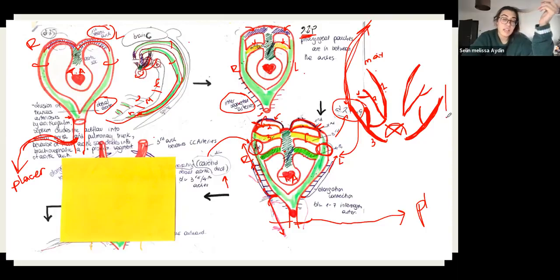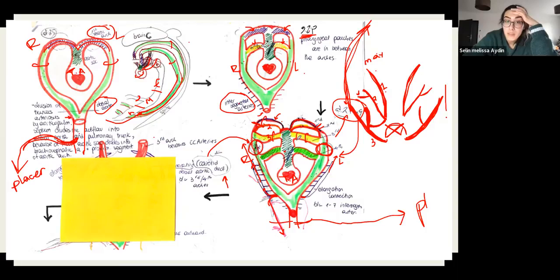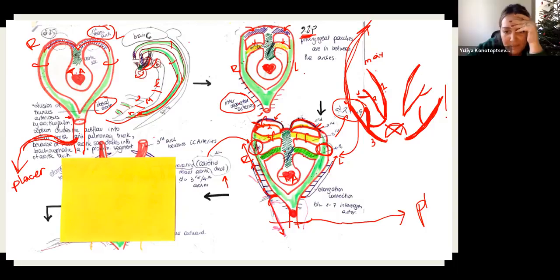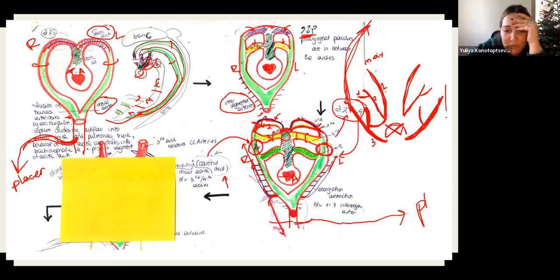So aortic sac disappears when the third. Not the whole thing, yeah. Do you see? So these are the third aortic arches, right? And this is the aortic sac. So this part of the aortic sac, it will be overgrown by the third one.